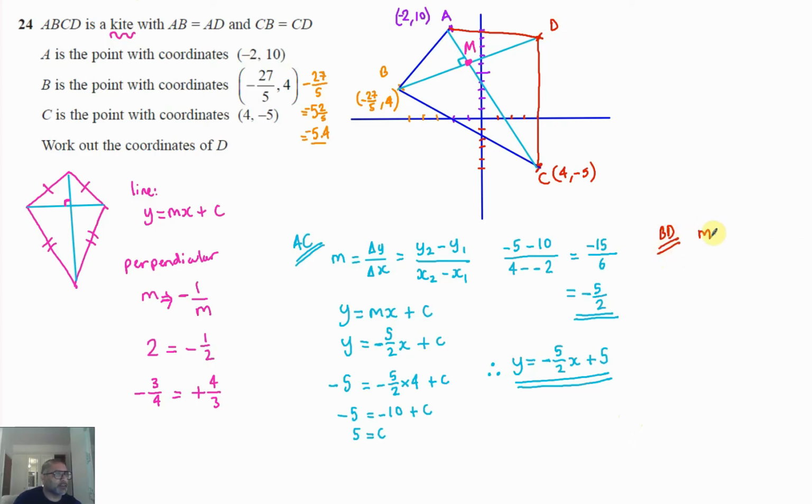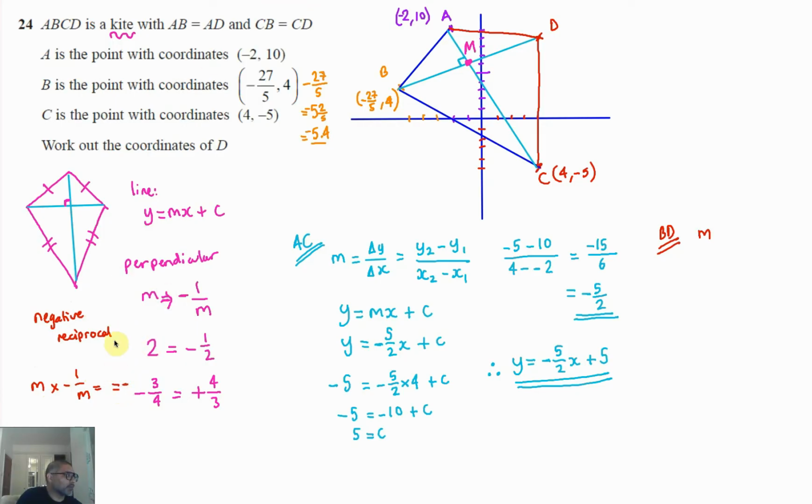Our gradient this time, as I was saying before, if you've got two lines that are perpendicular, your gradient will be, remember, the negative reciprocal. Another thing to remember about perpendicular lines: the gradient m times -1 over m equals -1.